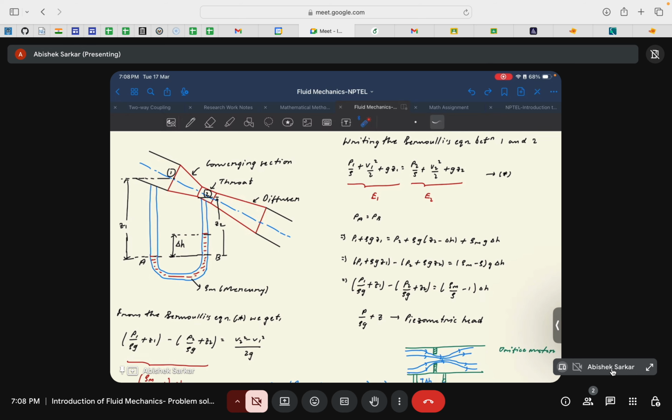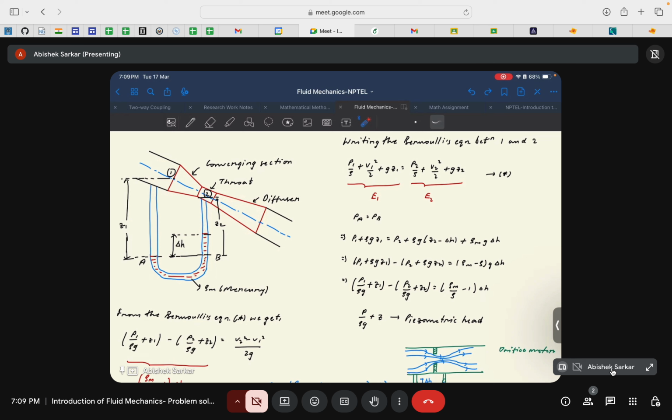Okay, so now you can see that since the velocity is higher, the pressure at this section would be lower. Now I think you can understand the logic now, right? Higher velocity, lower pressure. Again, it boils down to Bernoulli's equation.